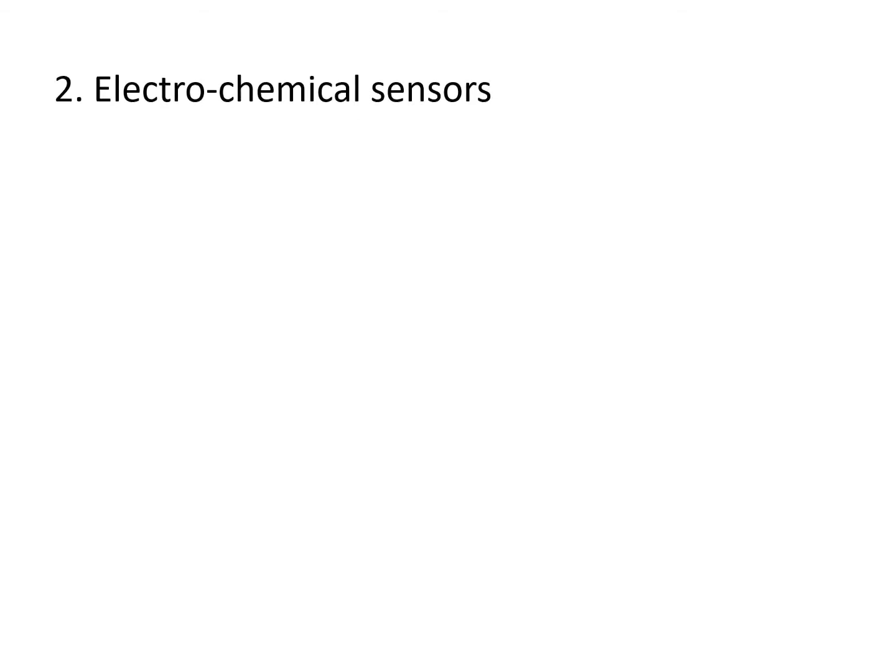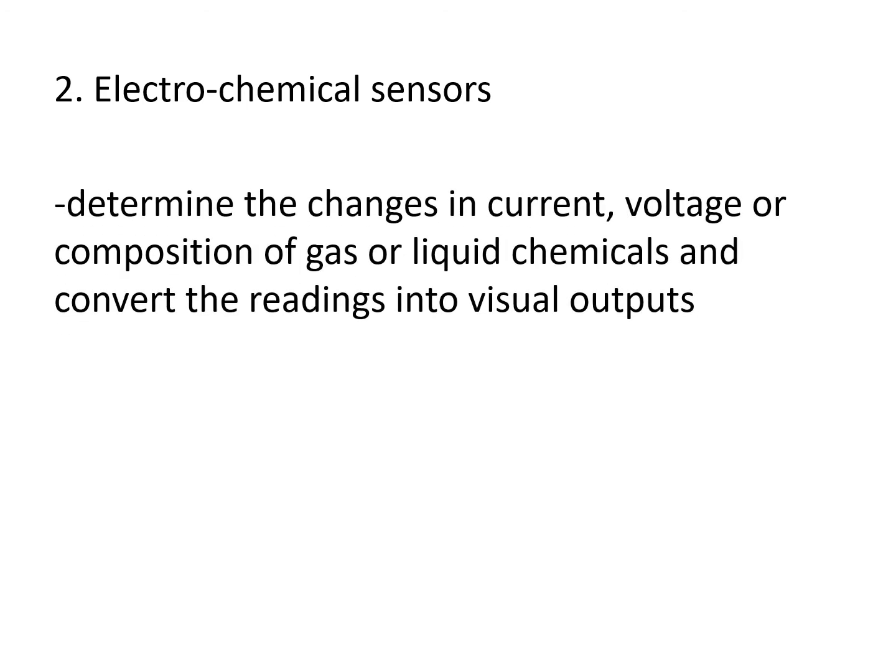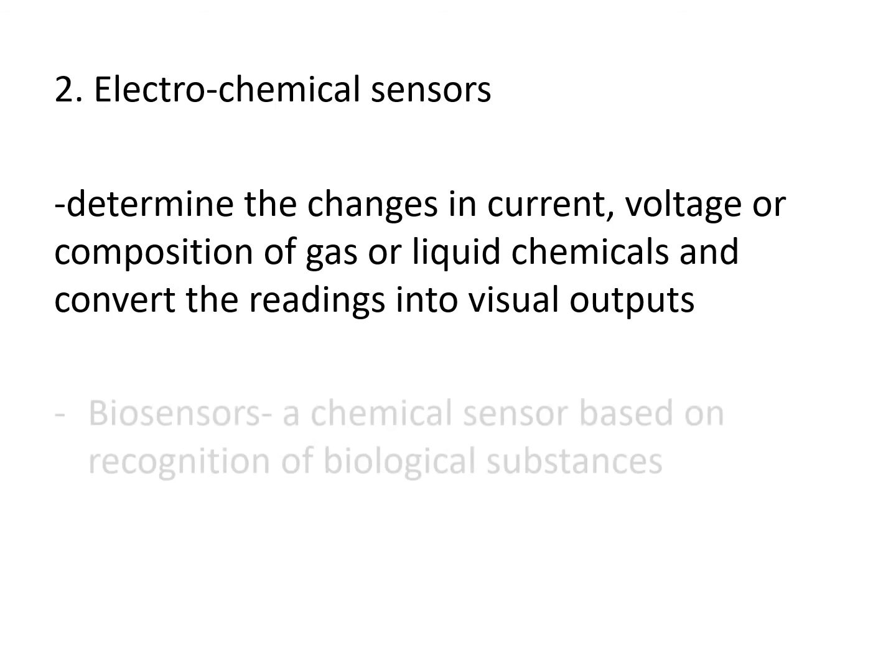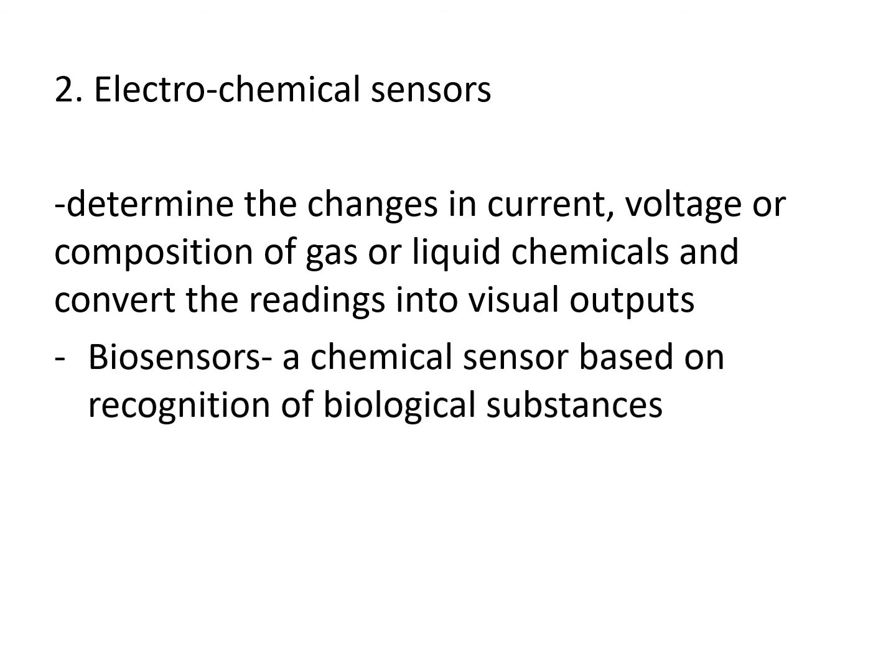Another category is the electrochemical sensors. These determine the changes in current, voltage, or composition of gas or liquid chemicals and convert those readings into visual outputs. Under this category, we have some types of sensors which we call biosensors.